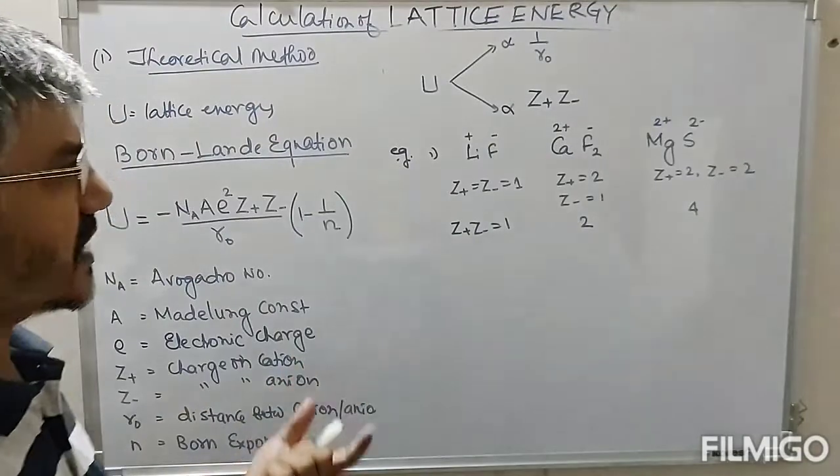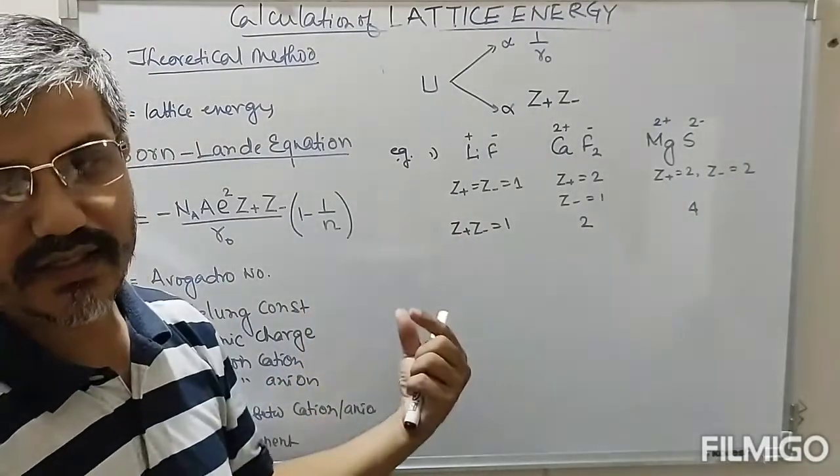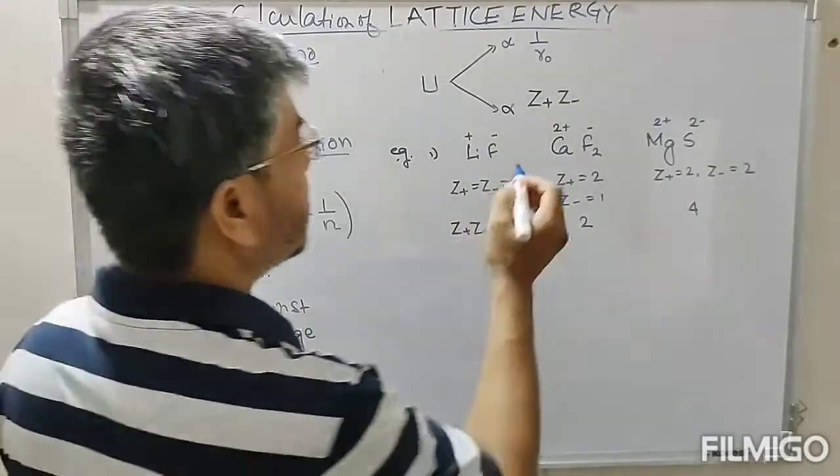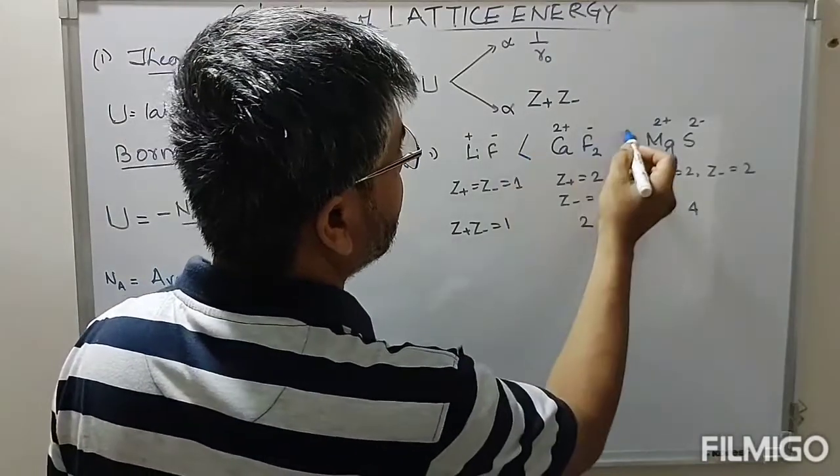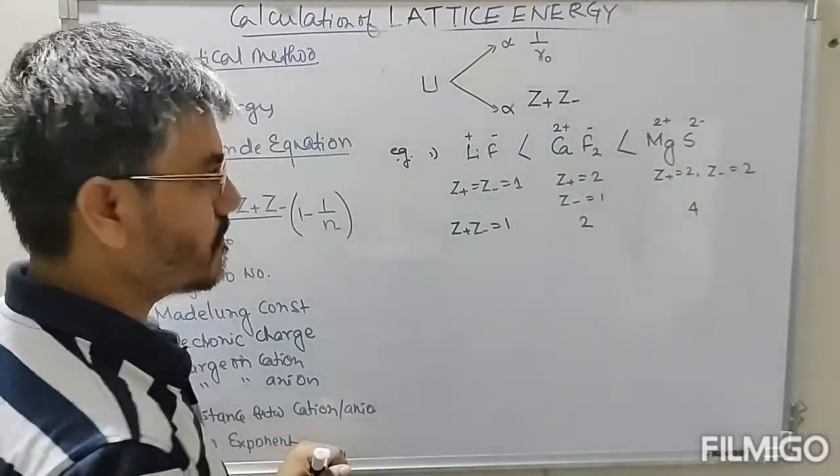So the product of charges on the cation and anion increases, so the lattice energy will increase in this way.